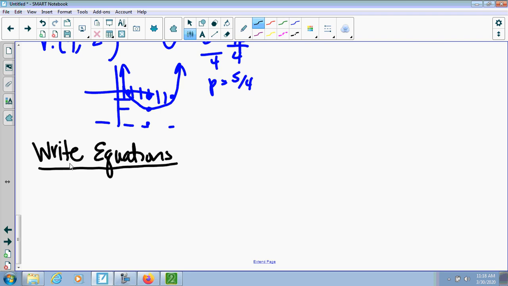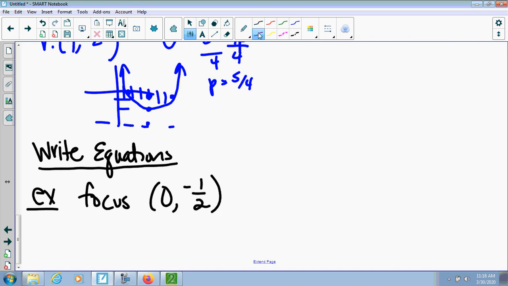So we'll start with one. They'll just say, right off the bat, write the equation of a parabola, and the focus is 0, -1/2. So they tell us our focus is at 0, -1/2. For all the equations that I'm going to have you do, the vertex is going to be at the origin, just to make it a little bit easier.